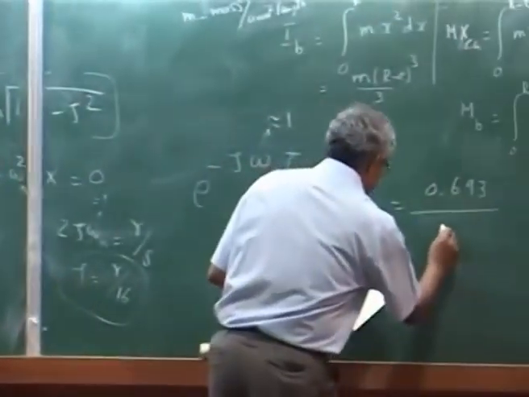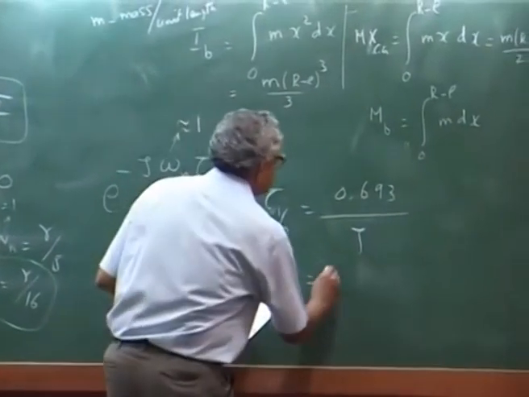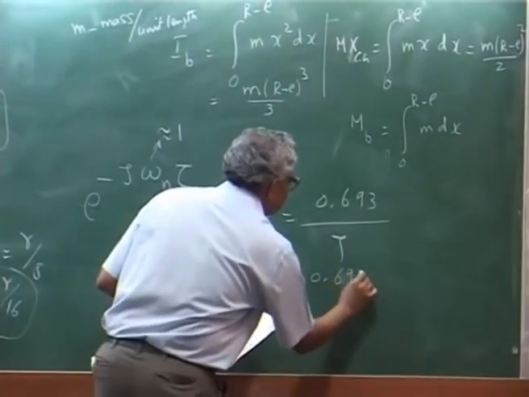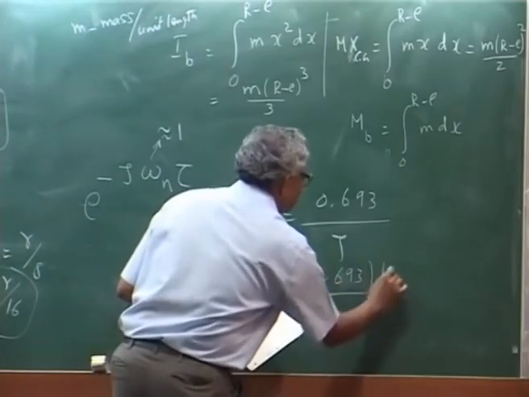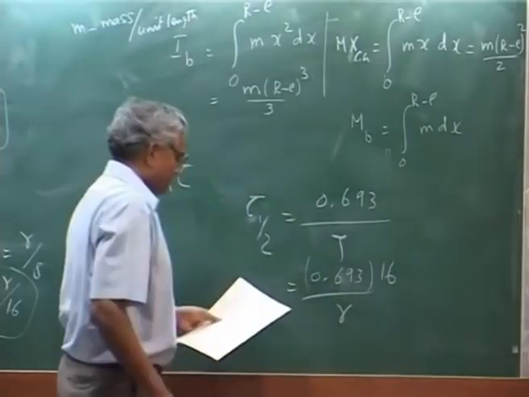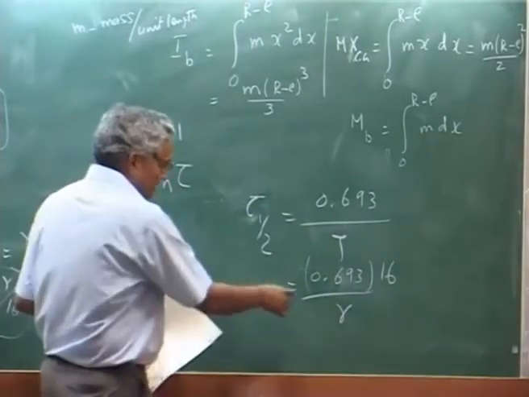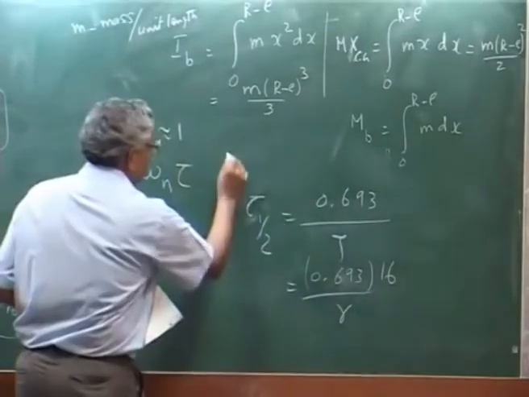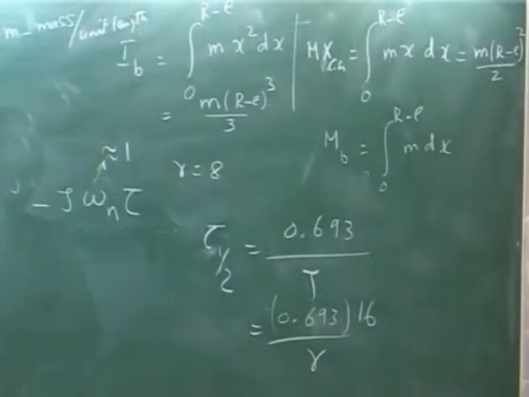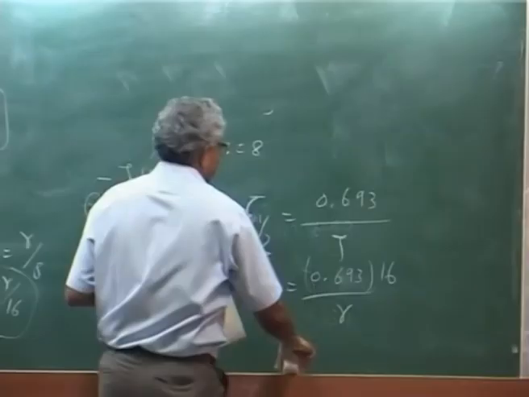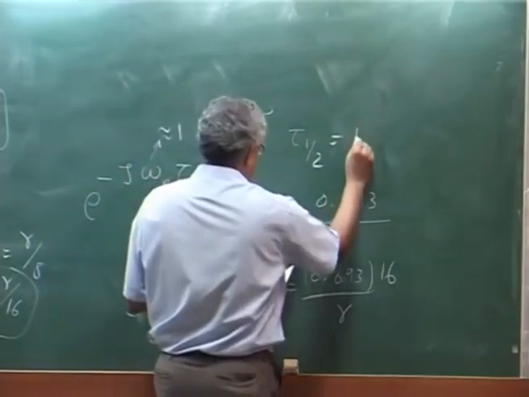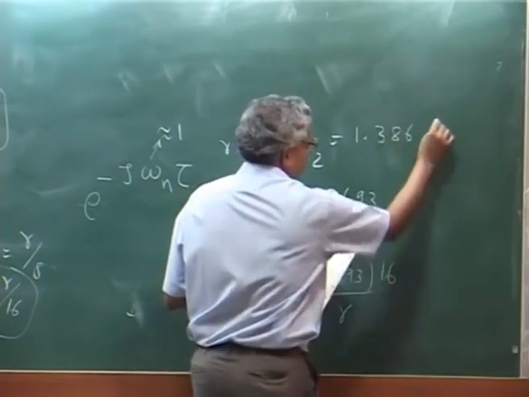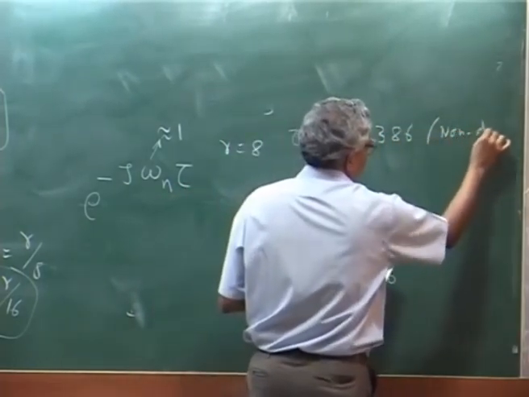So, here it will be 0.693 divided by gamma over 16. If you take gamma as 8, the time for half amplitude becomes 1.386. This is non-dimensional time.